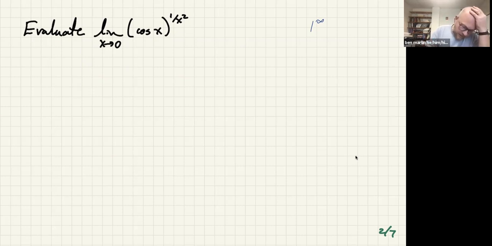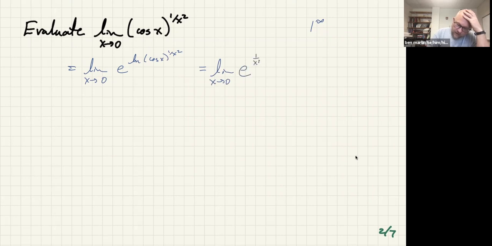We have to add ourselves an extra step here and say this is equal to the limit as x goes to 0 of e to the log of the cosine x to the 1 over x squared power, which is going to be equal to the limit as x goes to 0 of e to the 1 over x squared, or 1 over x squared, log of the cosine of x.